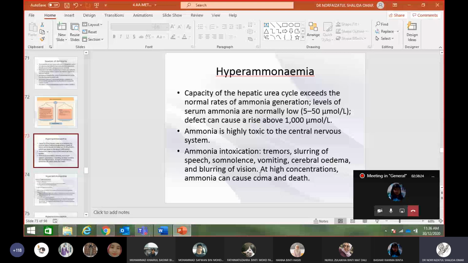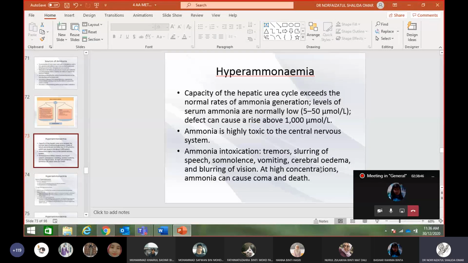It's the same also if you have kidney disease. But in kidney disease it is mainly an increase of urea in the blood vessels, so that one is a bit different.